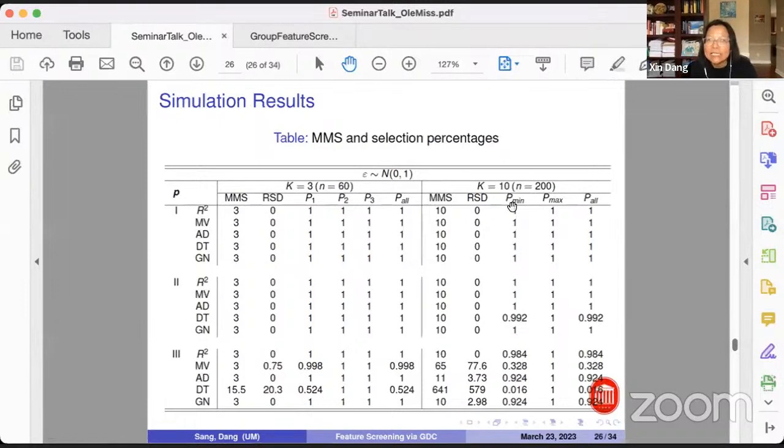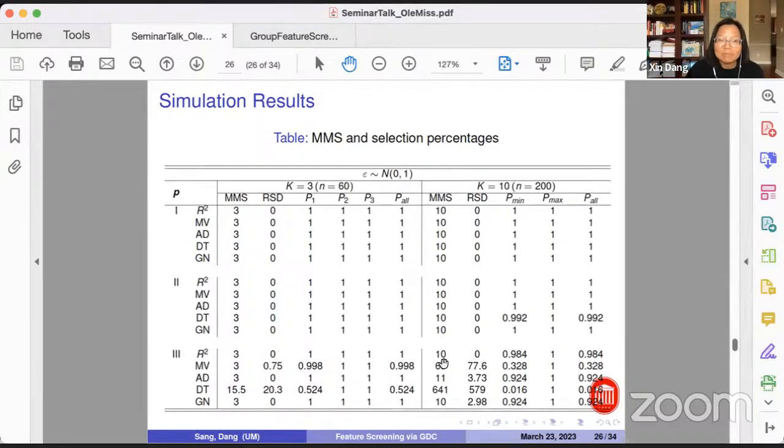For k equal 10, it does well for the balanced case and slightly unbalanced case, except DC has a little bit of a problem, but still okay. For the unbalanced case, R square is still doing good, and Gini correlation is doing good too, but has larger variation than R square.